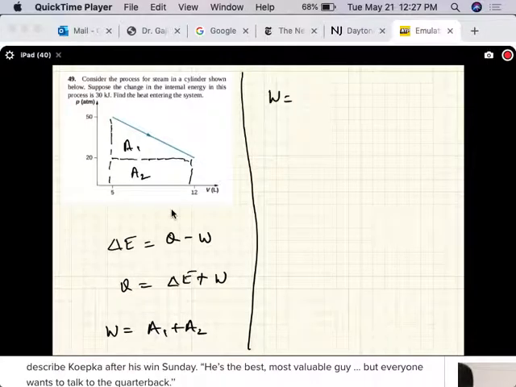So work is area of the triangle, which is 1/2 base times height, plus A2.